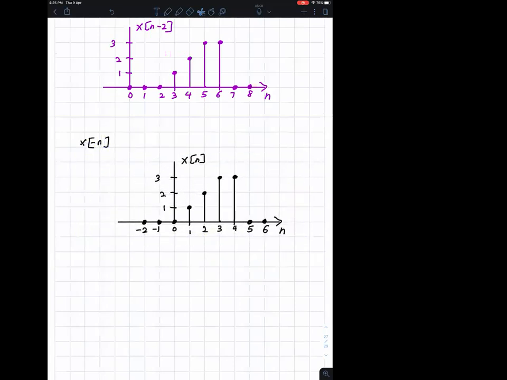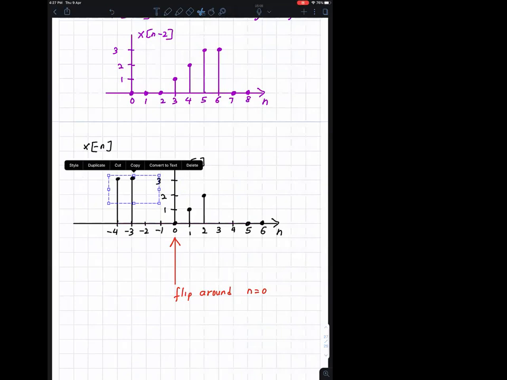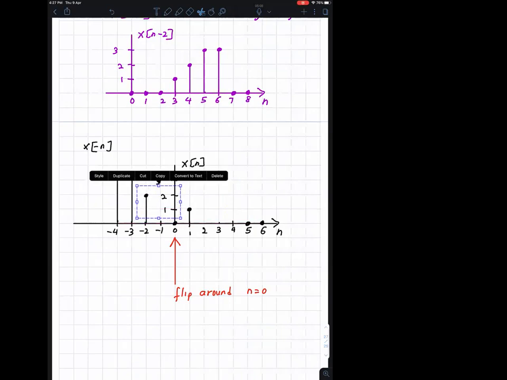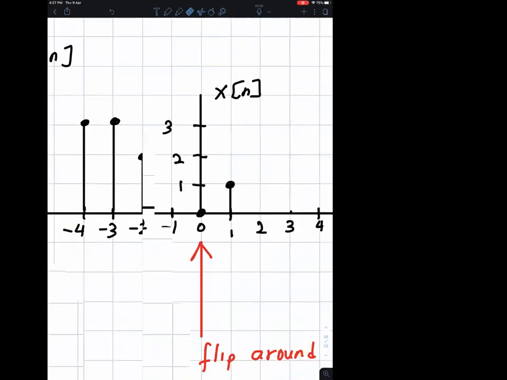So what are you going to do? x(minus n). Plus 4 becomes minus 4, plus 3 becomes minus 3, plus 1 becomes minus 1.